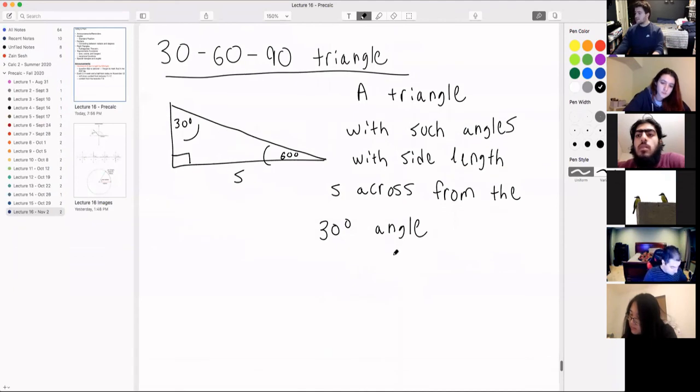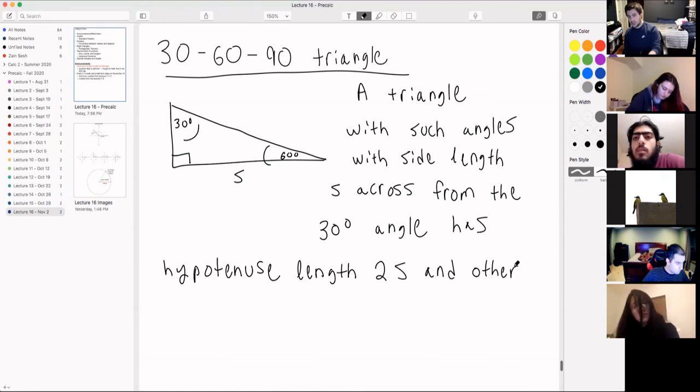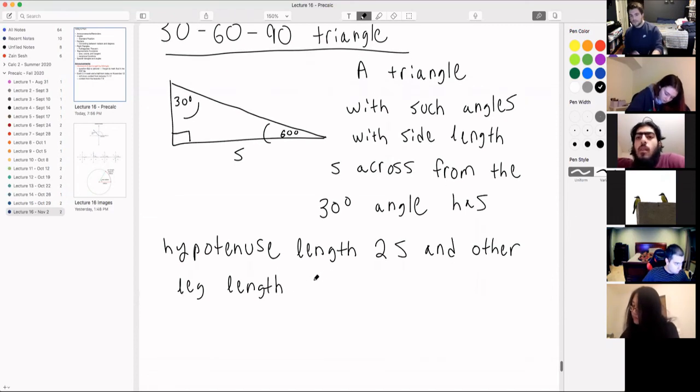So we actually can get expressions for the hypotenuse length and this other leg length. The hypotenuse has length 2S, so it's actually double this side, and the other leg length is S times the square root of 3.